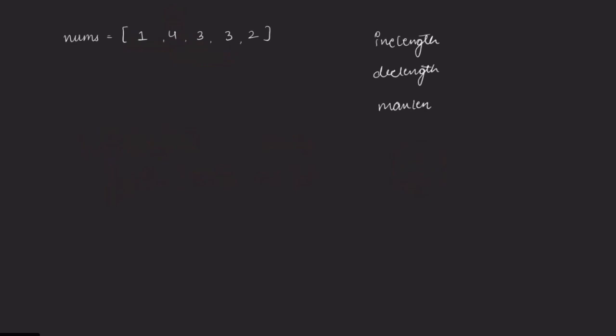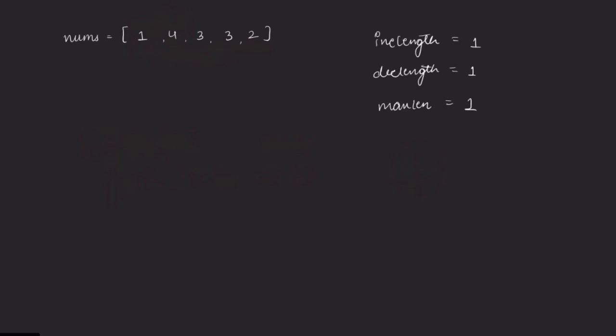Now, a single element will always be a strictly increasing subarray and also a strictly decreasing subarray, so we will initialize all of these to 1, because the smallest possible length is 1.